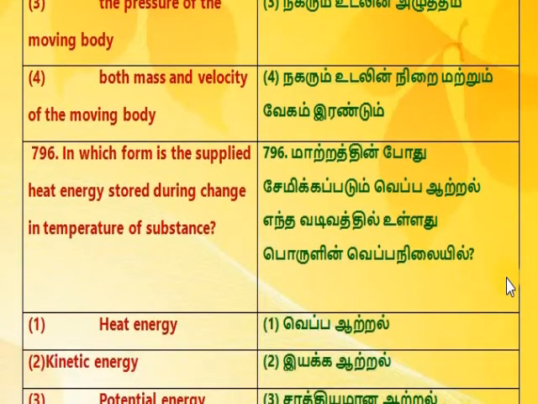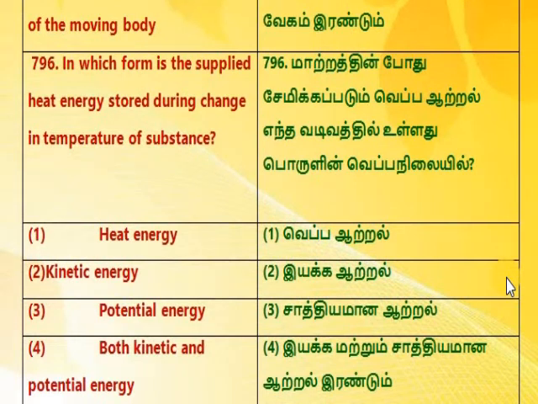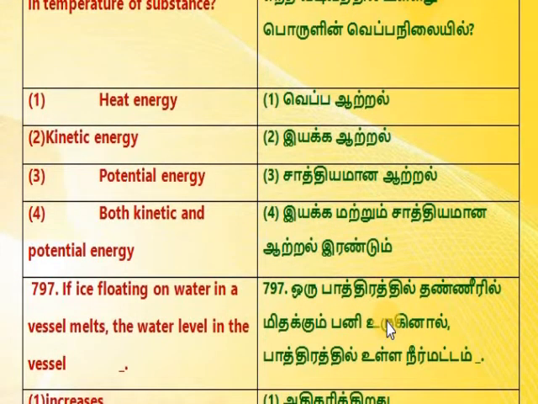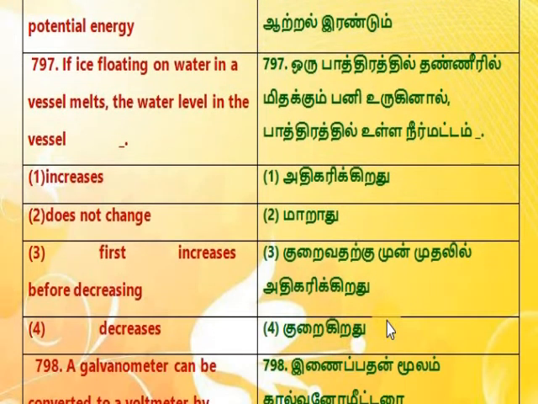796. In which form is the supplied heat energy stored during change in temperature of substance? 1. Heat energy, 2. Kinetic energy, 3. Potential energy, 4. Both kinetic and potential energy. 797. If ice floating on water in a vessel melts, the water level in the vessel _. 1.